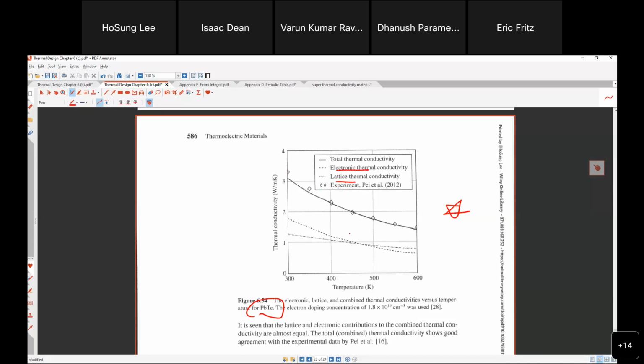Look at that. In this case, almost half is electron, half is lattice, and the total is this. This is a beautiful theory to understand thermal conduction, the electrical contribution and the lattice contribution.